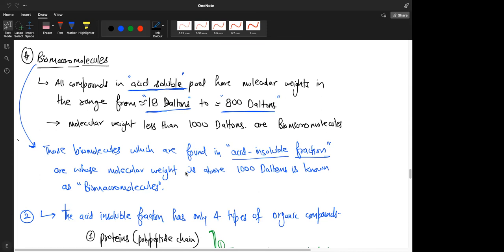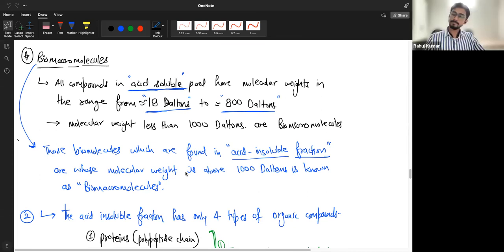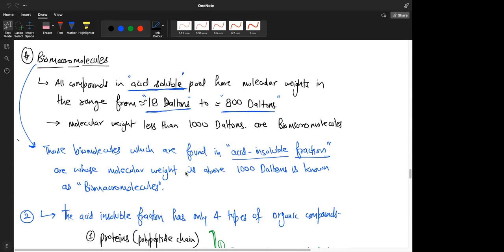Biomacromolecules. A common feature of all compounds in the acid-soluble pool is that they are small. Their molecular weight ranges from 18 daltons to 800 daltons. Bigger molecules, which are macromolecules, come in the acid-insoluble pool. Those biomolecules which have molecular weight less than 1000 daltons are called biomicromolecules.